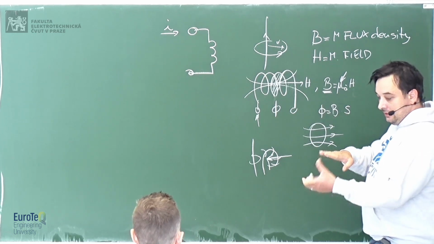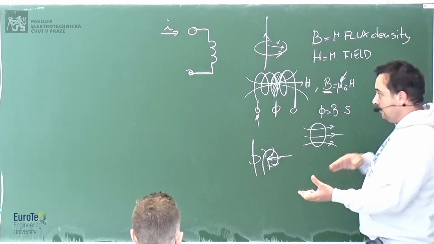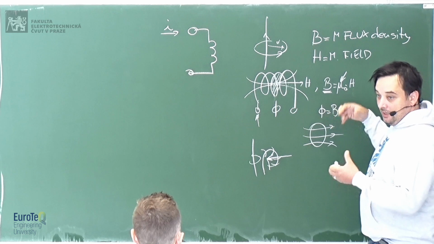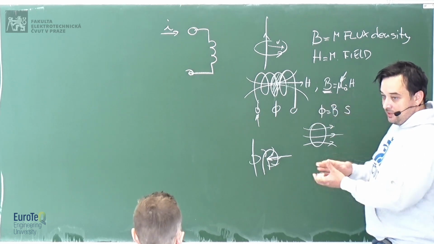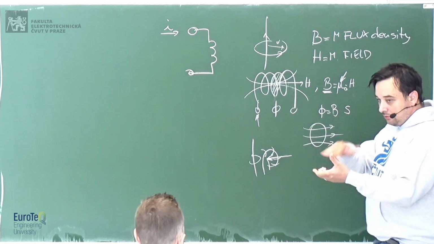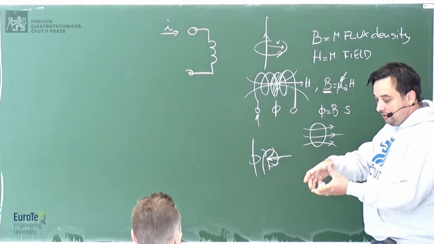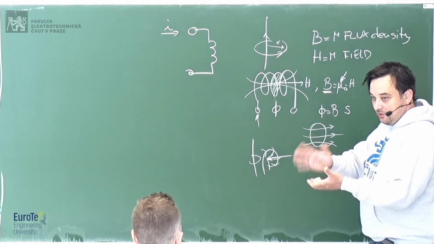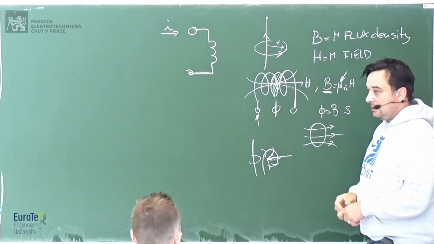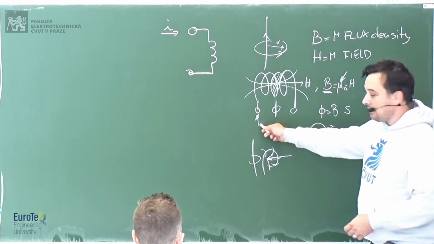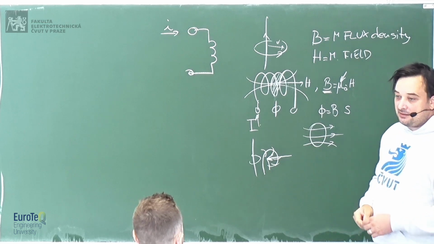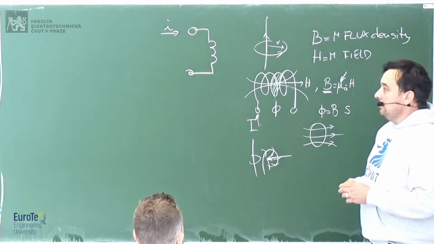You inject the current, inside the solenoid you have magnetic field H. Because of air, you have a B, which is mu0 times H, and then you have the surface, which is the cross-section of the solenoid. If you multiply B times the surface, you get the flux inside this solenoid. So you inject the current I, and you get a magnetic flux.